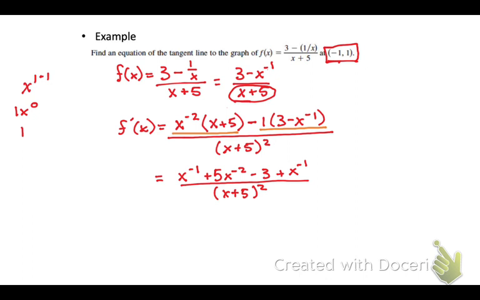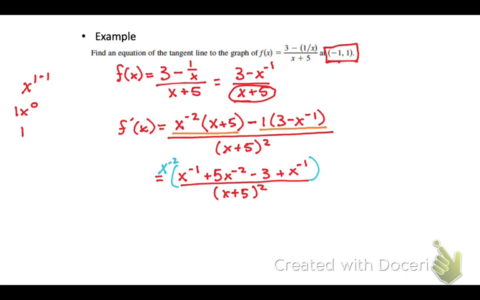Okay, so we're going to factor out x to the negative 2. When I factor out x to the negative 2, that means I'm dividing, yes? When I divide, I subtract exponents. When I subtract a negative, I add.